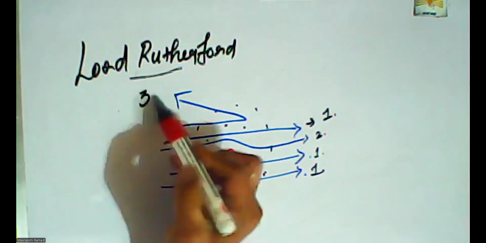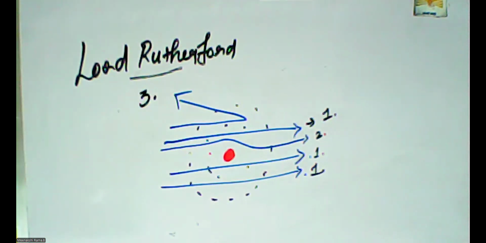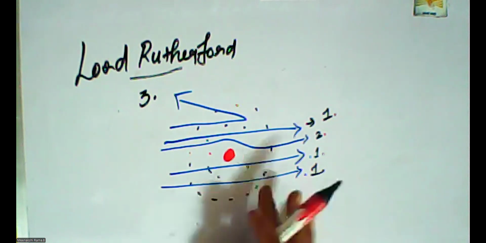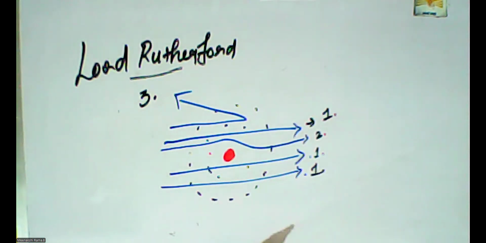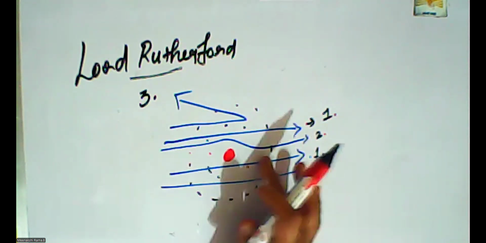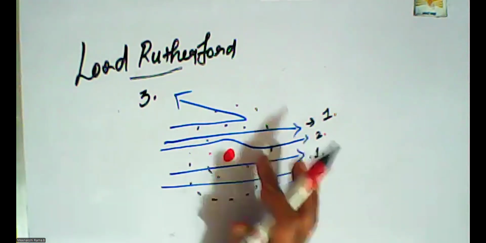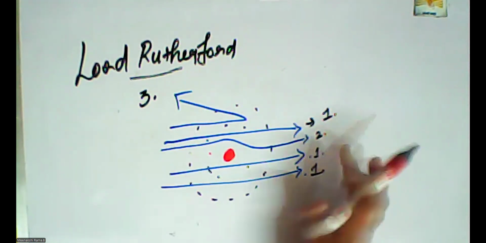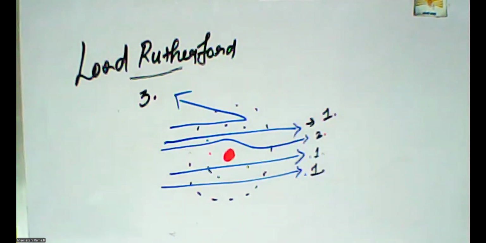This is the third point of this experiment. Most of the alpha particles are sent in straight lines, one or two are deflected in this way, and very few come back. That is the bounce back.